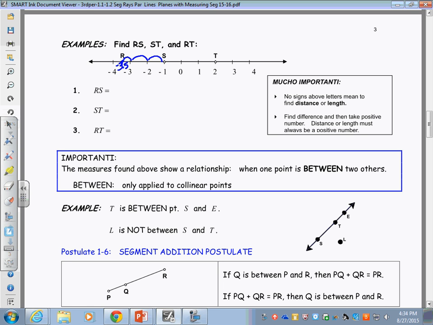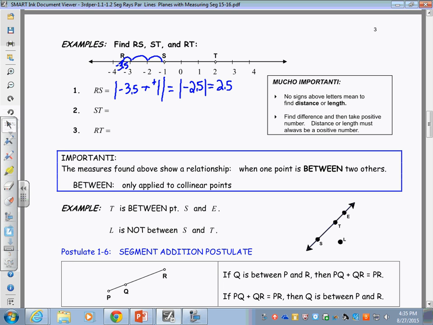Or if I do the coordinate of R, which is -3.5, minus the coordinate of S, which is -1, I take the absolute value of that. Well, that now becomes plus. So -3.5 plus 1 is going to leave me with a -2.5. And absolute value is always positive, so that is 2.5.